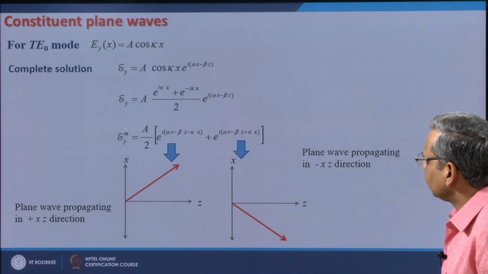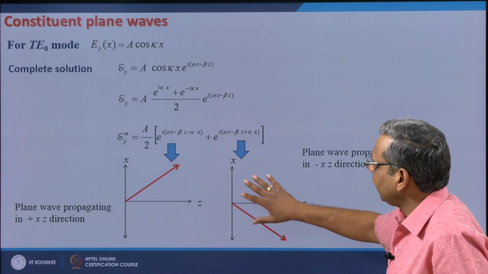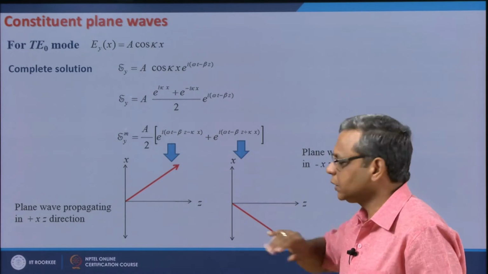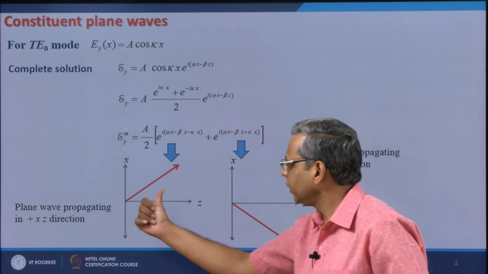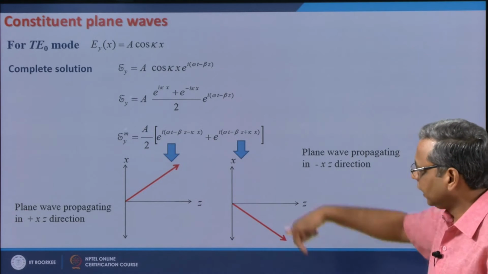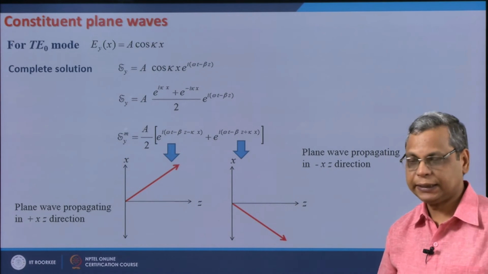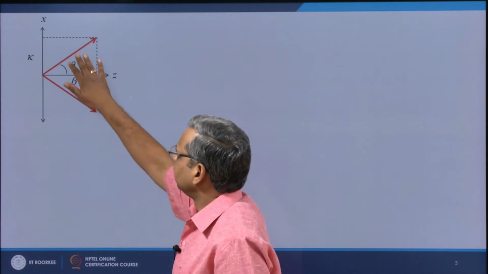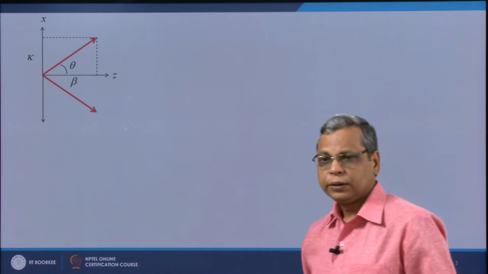So, this field comes out to be the superposition of two plane waves, one going in the plus x z direction, another going in the minus x z direction. These are the two constituent plane waves.